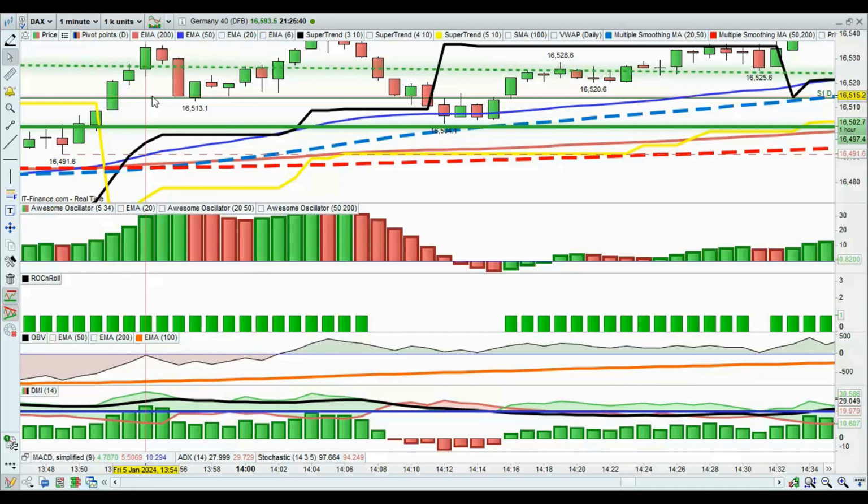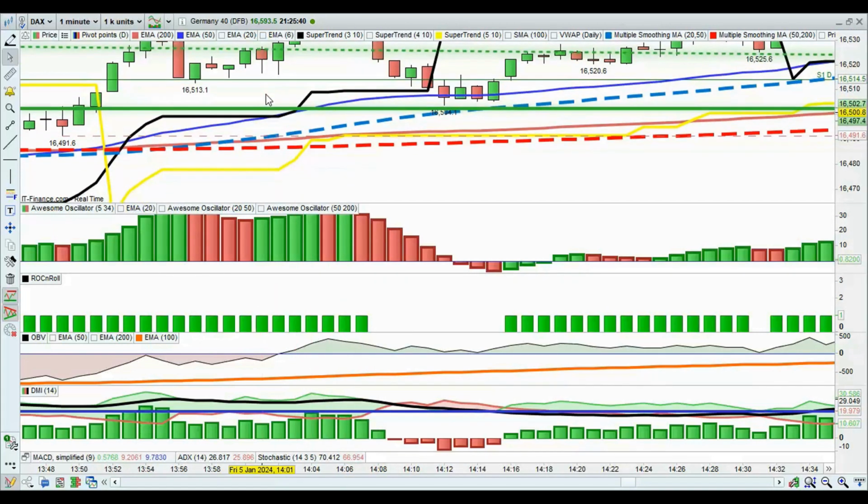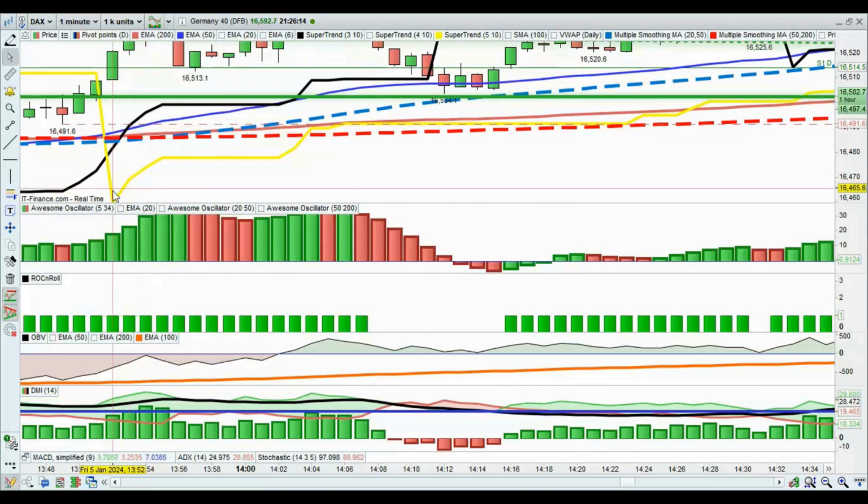So what we do is we look to see if the super trend line here, this 510, is moving up with this price action, and put a stop here. I don't like a stop too big down here, it's just too much of a risk. But because the price movement happened so quickly, this is why it was so far down here. So even a stop below the 50/200 would have been fine there.